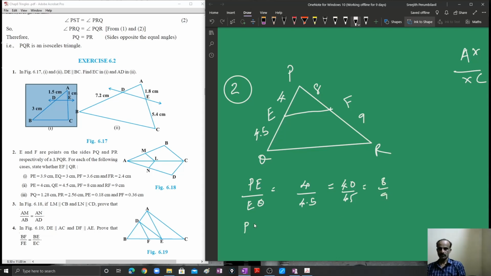What about PF divided by FR? That is already given as 8 by 9. So their ratio, that is PE divided by EQ, is the same as PF divided by FR. Therefore, what do you conclude?